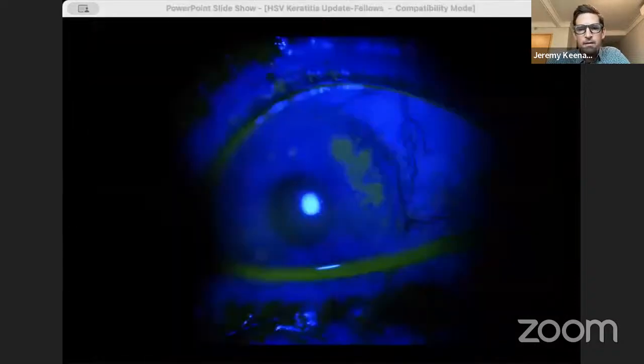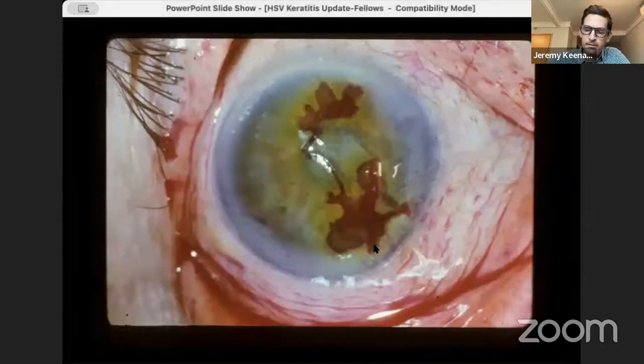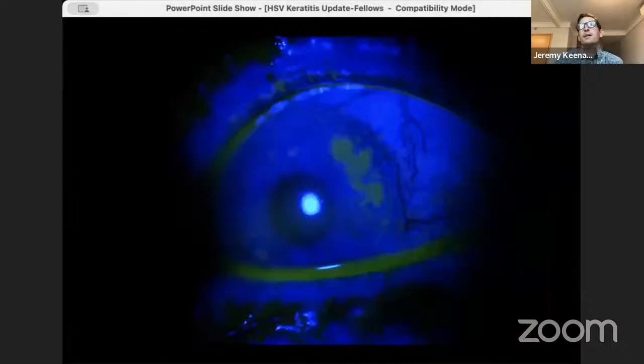One thing that's interesting is that when you have patients who are on treatment for herpes keratitis, for example, this patient was on oral acyclovir but had a breakthrough epithelial lesion, and when we swabbed this, it was positive for herpes simplex 1. The take-home message here is that when you are on an antiviral, the dendrite will sometimes not look classic.